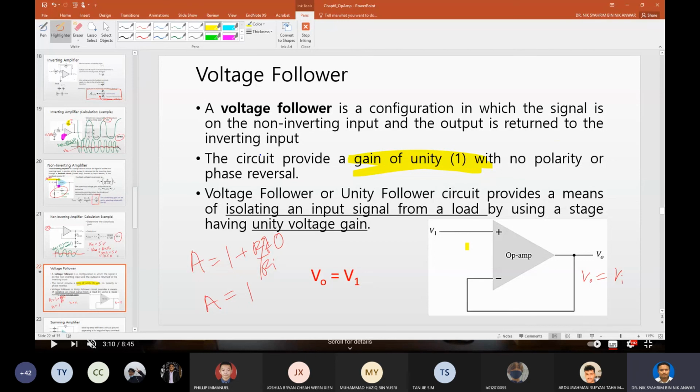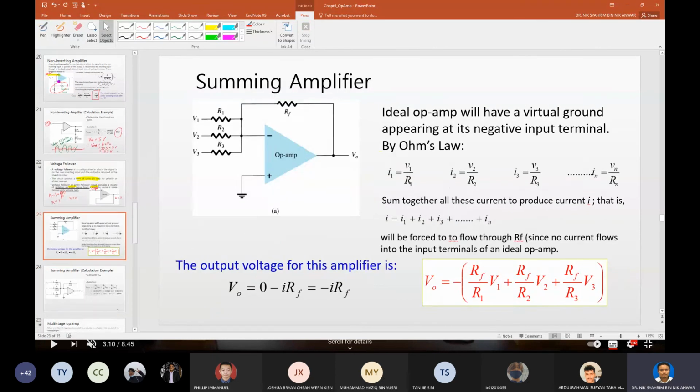So if you want to separate the input and the output, the load is normally what we call an output, you can use a unity voltage follower.